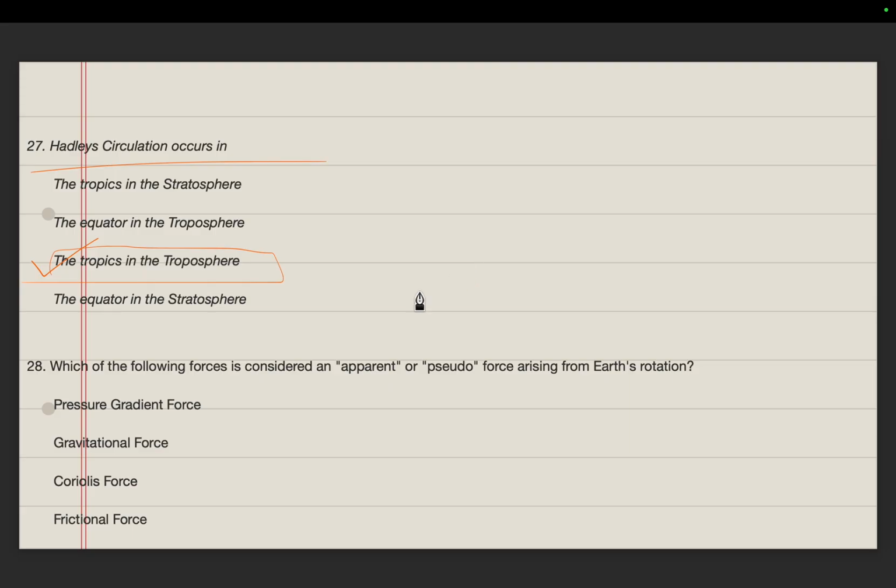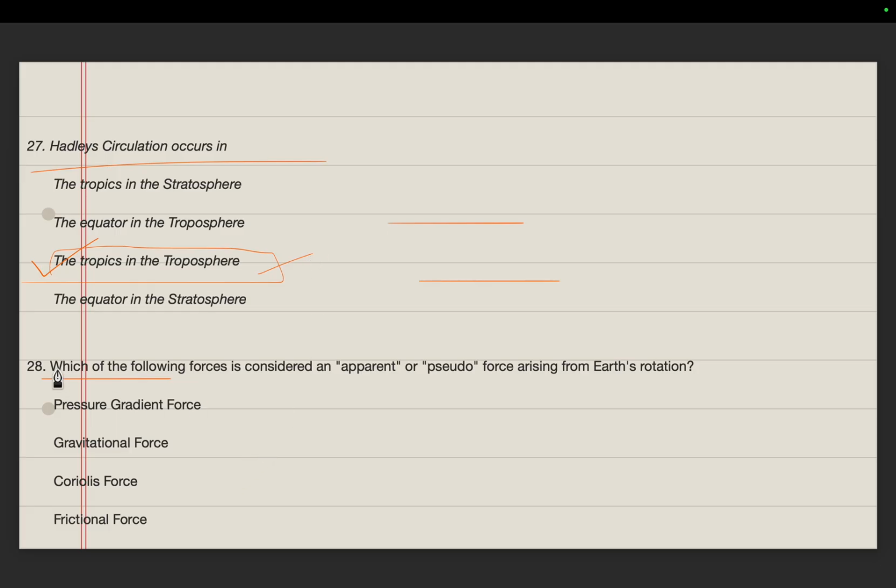The tropics here are the Tropic of Cancer and Tropic of Capricorn, 23 degrees north and 23 degrees south, and those are covered in this Hadley circulation. So option C is more correct to me.